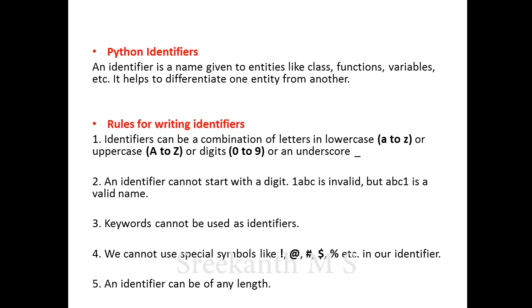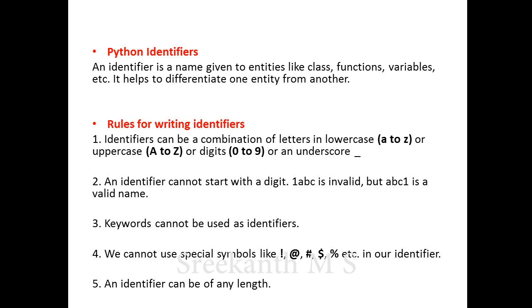That means we have to start with an underscore, or with any lowercase or uppercase letter. The third rule is keywords cannot be used as identifiers. I defined all the 33 keywords in Python; we cannot use keywords as identifiers.